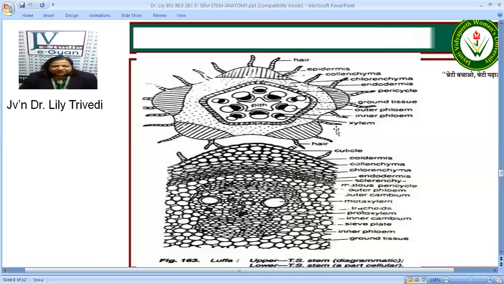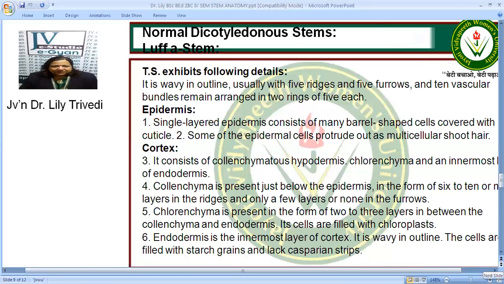Chlorenchyma cells are there, ground tissue is there, and xylem and phloem are arranged in a ring with pith in the center. There is presence of endodermis and pericycle. Now coming to the detail, it is wavy in outline with ridges and furrows: 5 ridges and 5 furrows. That means 10 vascular bundles in 2 rings of 5 each.